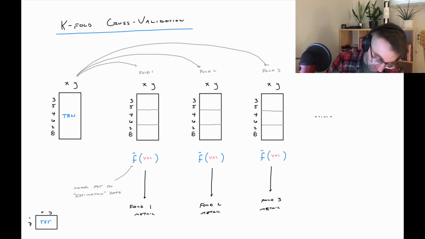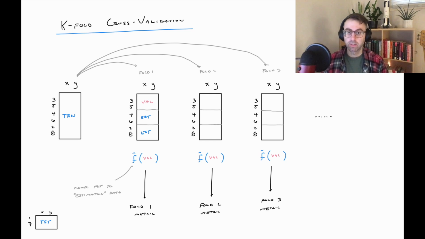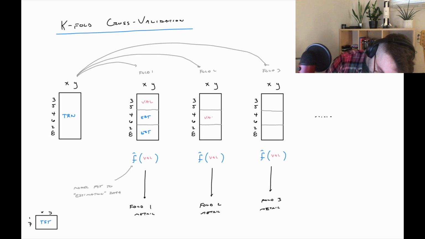In fold 1, these first 2 observations make up the validation data, and these 2 observations, 4 and 6, and these 2 observations, 2 and 8, together will be the estimation data. In fold 2, observations 4 and 6 become the validation data, and everything else is the estimation data.